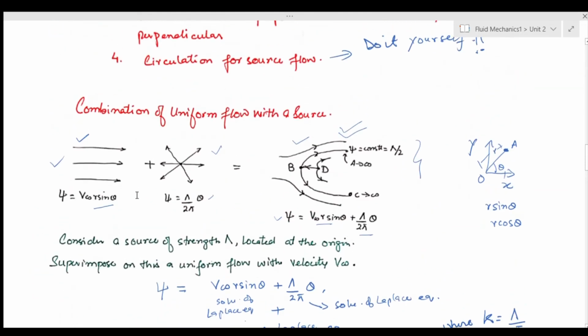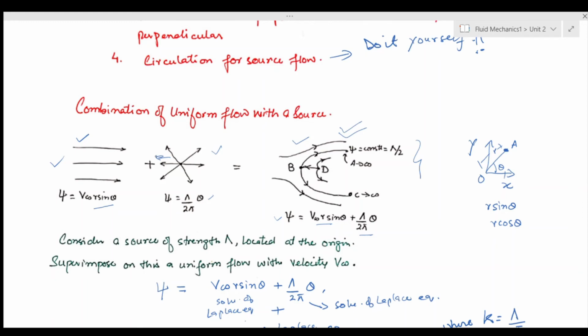Now, since we have added this uniform flow with the source flow, in uniform flow my velocity vectors or streamlines are directed towards the positive x-axis, and in my source flow, on this side, my velocity vectors are towards the negative x-axis.